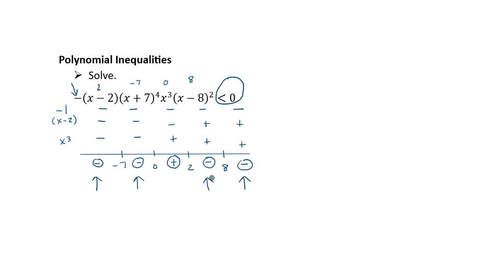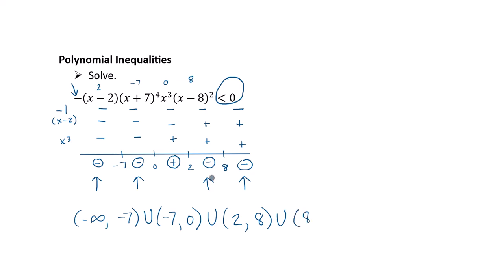So I will have 4 separate intervals. Negative infinity to -7, union, -7 to 0, union, 2 to 8, union, 8 to positive infinity. And that's your complete solution set.